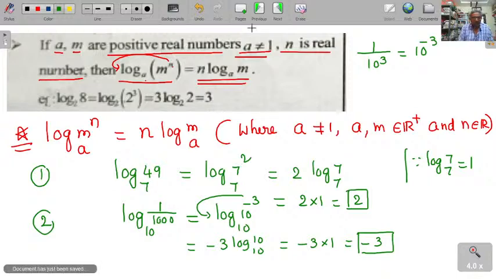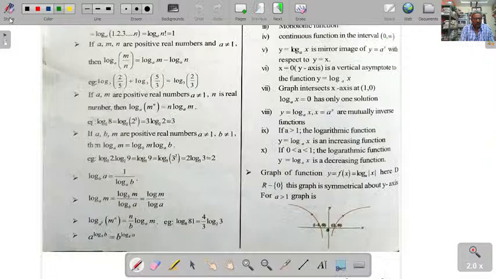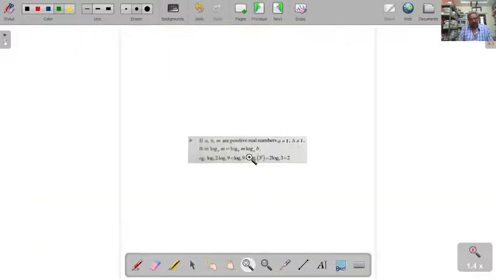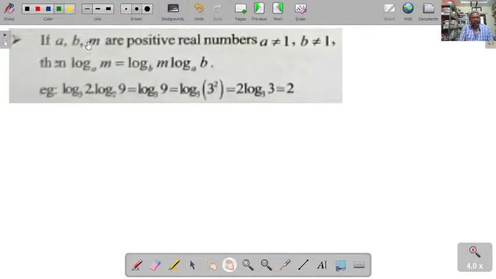Let us move to the next concept. The next concept is a very, very important concept. This is the change of base rule. This is very important for NDA and Air Force examinations and different competitive entrance examinations also.